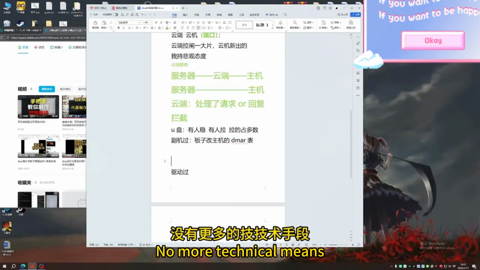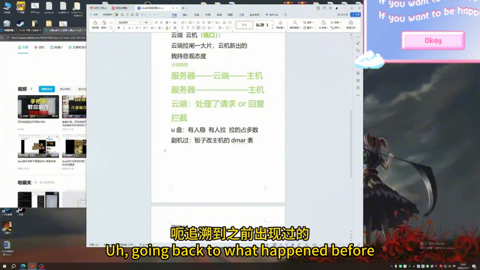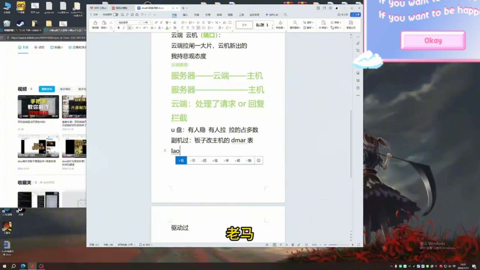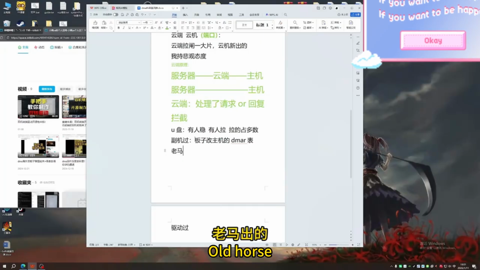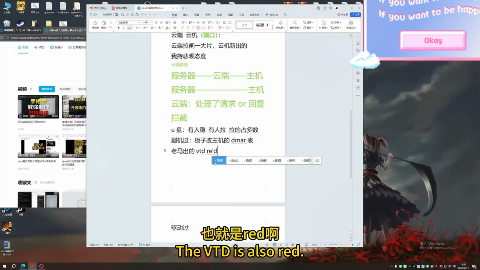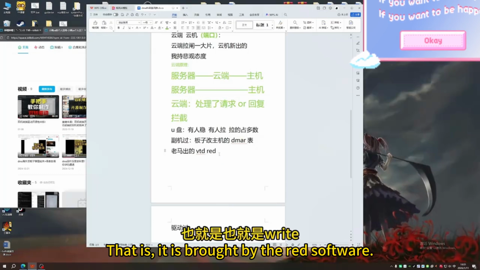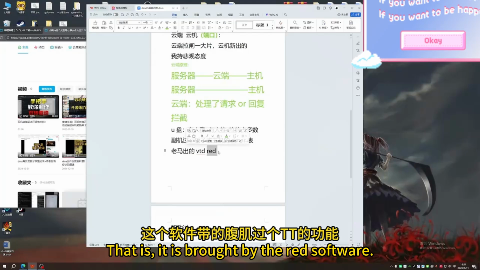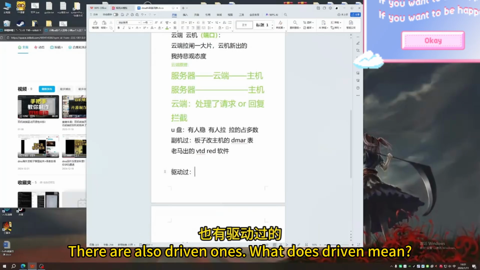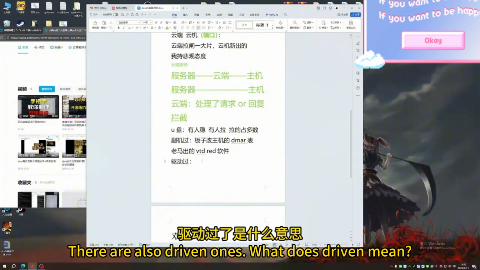No more technical means. Going back to what happened before. Reset. Stable. Who is that old horse? Old horse. The VTD is also red. Anyone who has played it knows it. That is, it is brought by the red software. The function of replicating the current VTD. There are also driven ones. What does driven mean?